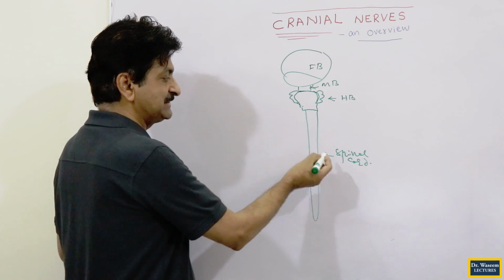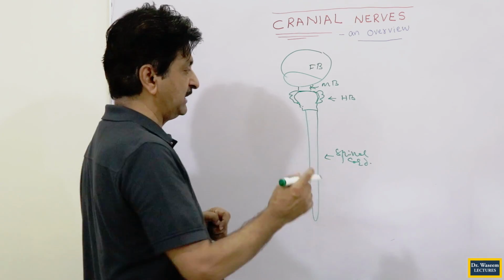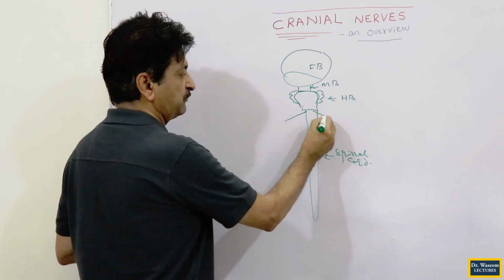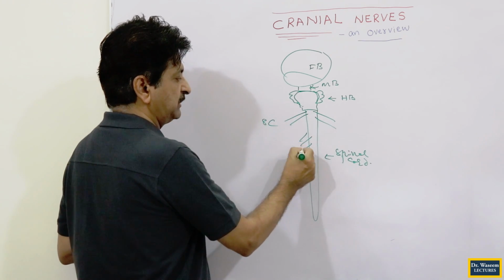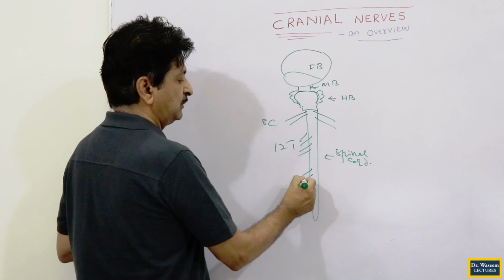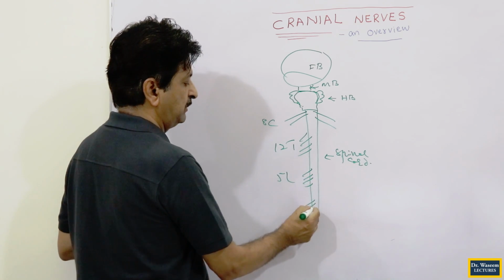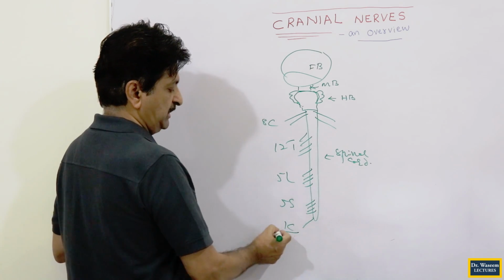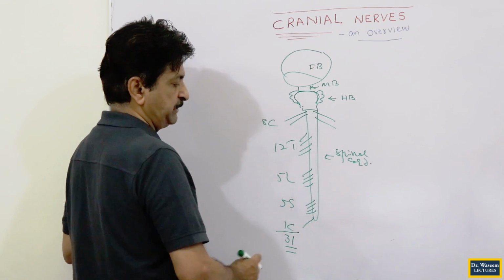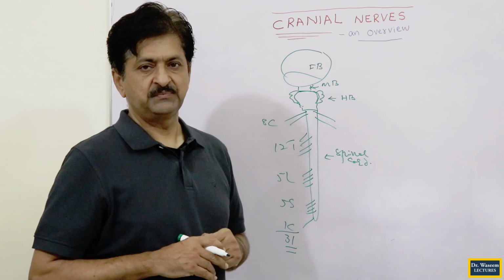If the nerves are attached to the spinal cord, you call them spinal nerves, and there are 31 pairs of spinal nerves. We have 8 cervical nerves, 12 thoracic, 5 lumbar, 5 sacral, and 1 coccygeal. So in all we have 31 pairs of the spinal nerves.